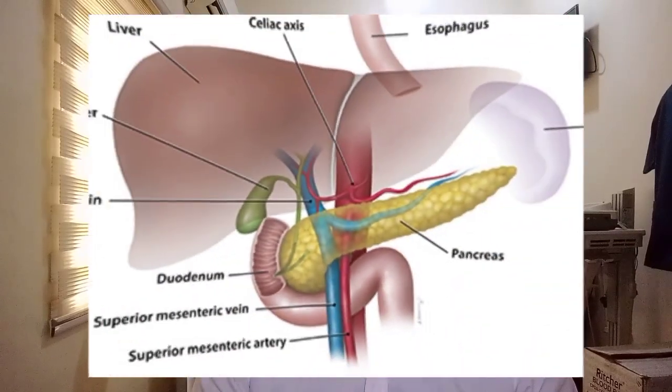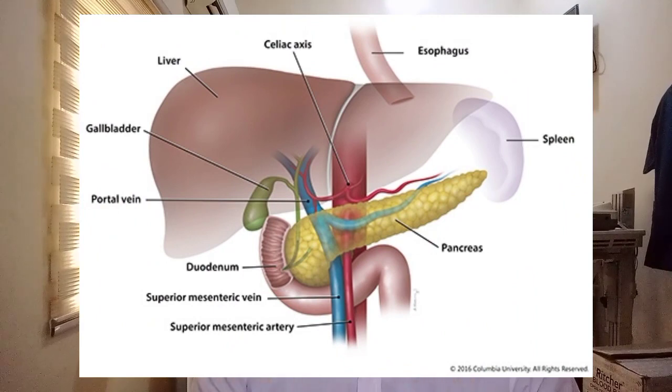In other words, it does not have a fibrous thin sheath covering it, and it is a retroperitoneal structure that lies transversely or somewhat obliquely in the anterior pararenal space between the C-loop of the duodenum and the splenic hilum. Total length from the head to the tail of the pancreas is 12.5 centimeter to 15 centimeter.